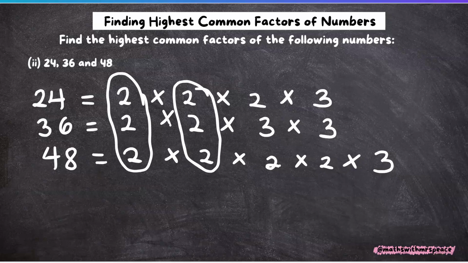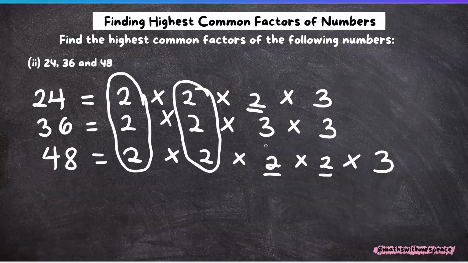And now we have a 2 here and another 2 here. Let me align that so that you can see. We have 2 here, we have 2 here. But on our second line, the factors of 36, we don't have another 2. So we're not going to select that 2, even though we have another 2 here, because it isn't represented for the other 2 numbers.